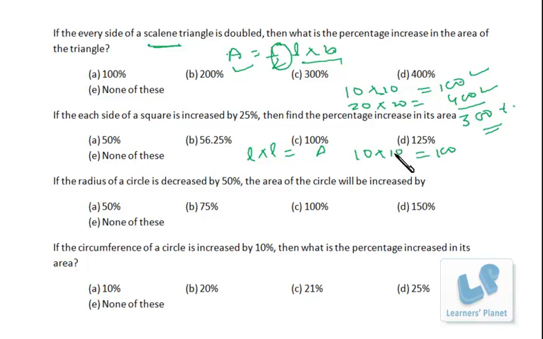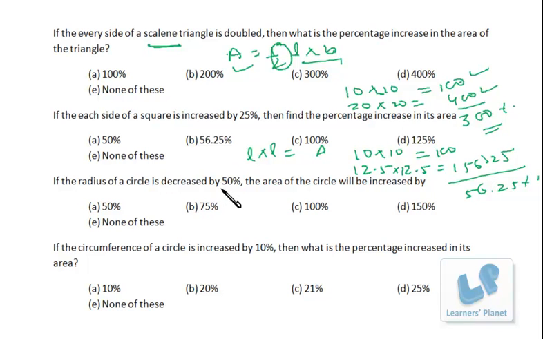So, area is 100. Now, this length is increased by 25%. So, the new length will be 12.5 into 12.5, so it will be 156.25. Okay, so what is the increase? That is 56.25%. Okay, so it's quite easy.